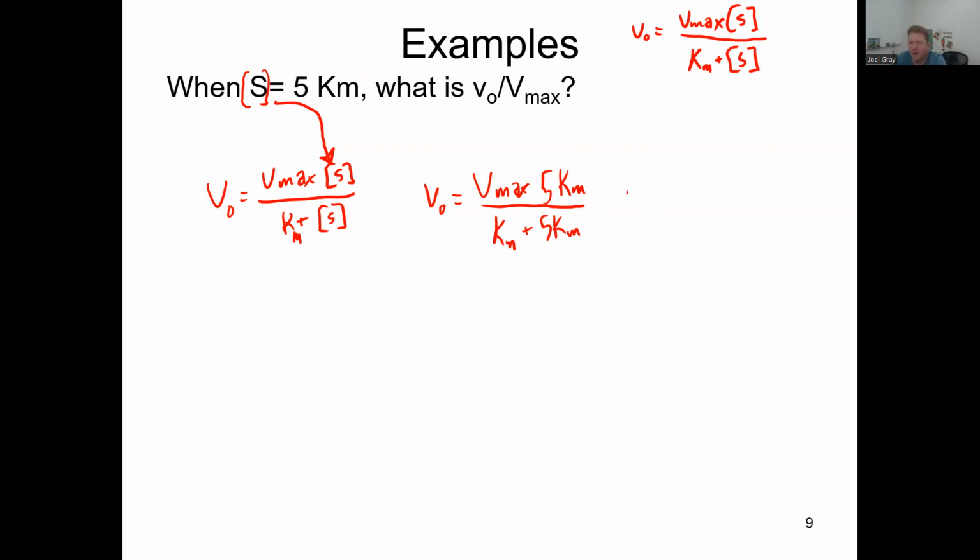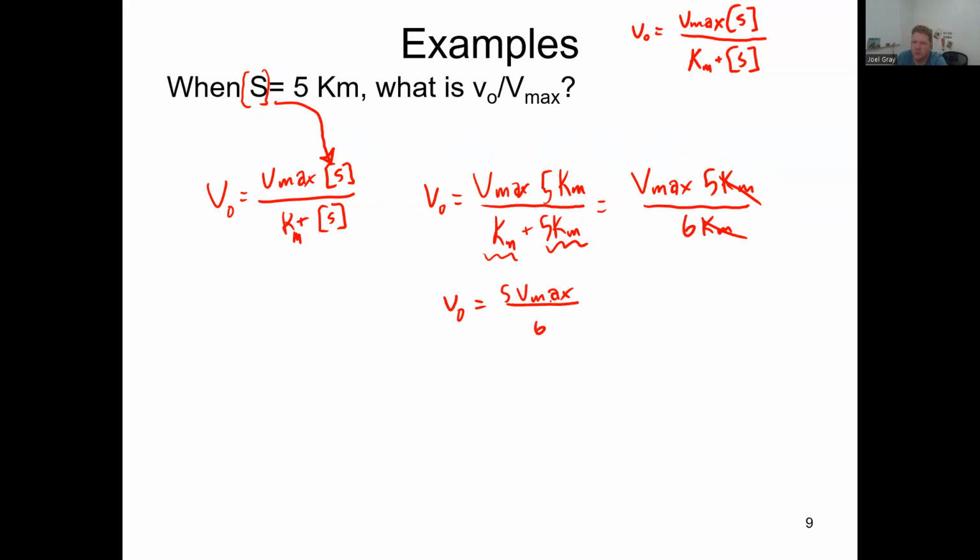This is equal to Vmax times 5 Km divided by 1 Km plus 5 Km equals 6 Km. What I'm also going to be able to do is take out the common variable. Km is present in both the numerator and the denominator, so I'm going to eliminate this and eliminate this. And so now what I've got is V sub 0 is equal to 5 Vmax over 6.